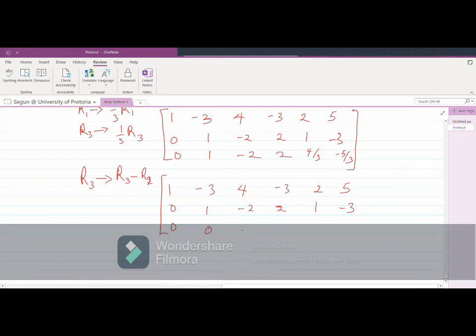Minus 2. You have to be careful here. Minus 2, another minus 2 is what? 0. 2 minus 2, 0.